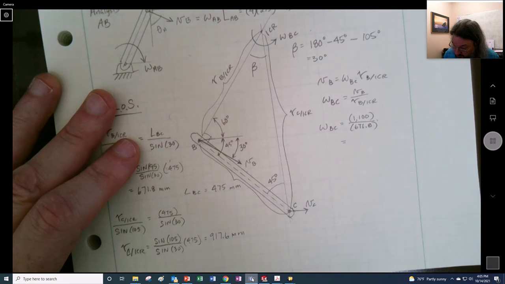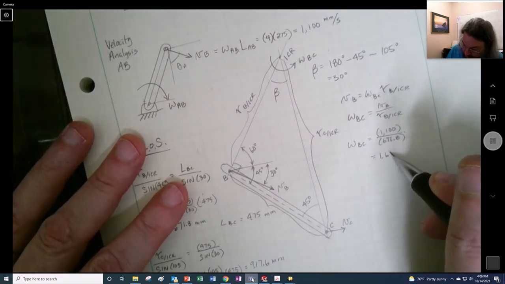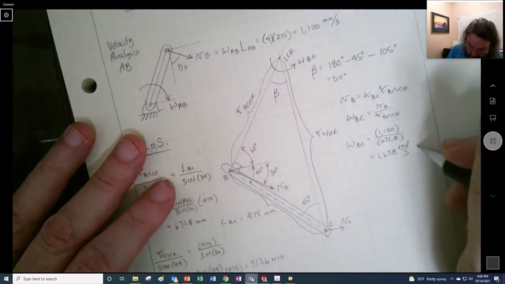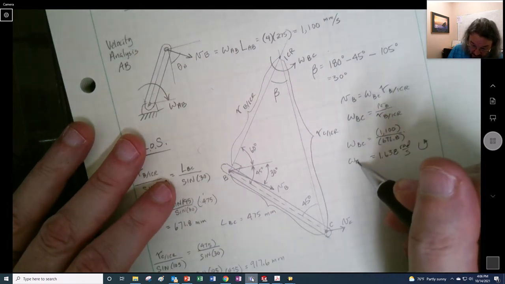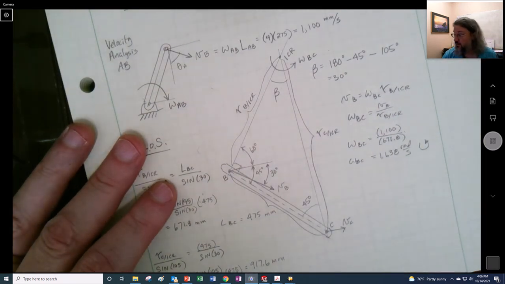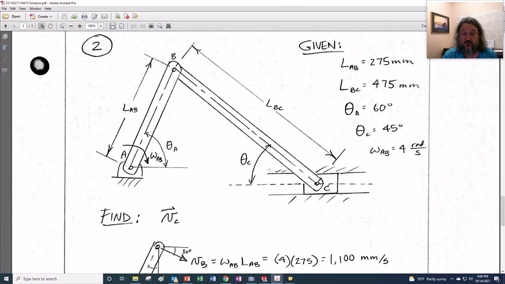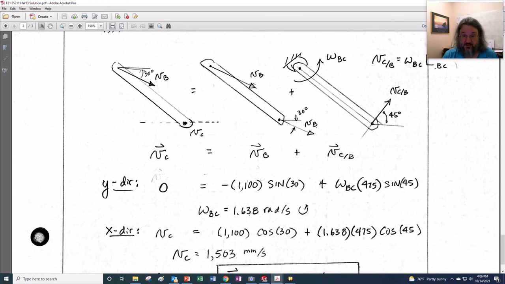I get that it's going to rotate at 1.638 radians per second, and that's going that way, omega BC. And let's double check that with our previous solution. All right, so this was what we got from, there you go, 1.638 is what we got using the 3-diagram method from the previous homework.